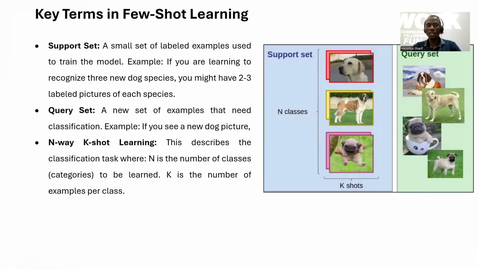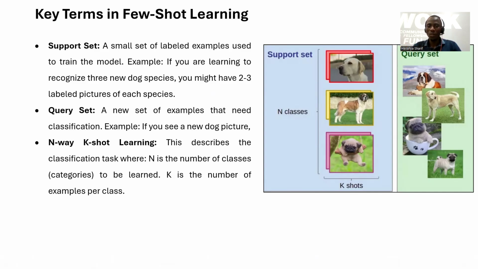Some of the key terms involved in few-shot learning: we have the support set, a small set of labeled examples used to train the model. So this will be our training data set. On the visual that we have, the support set is the one on the blue background, on our right, where we have the images of the dogs.